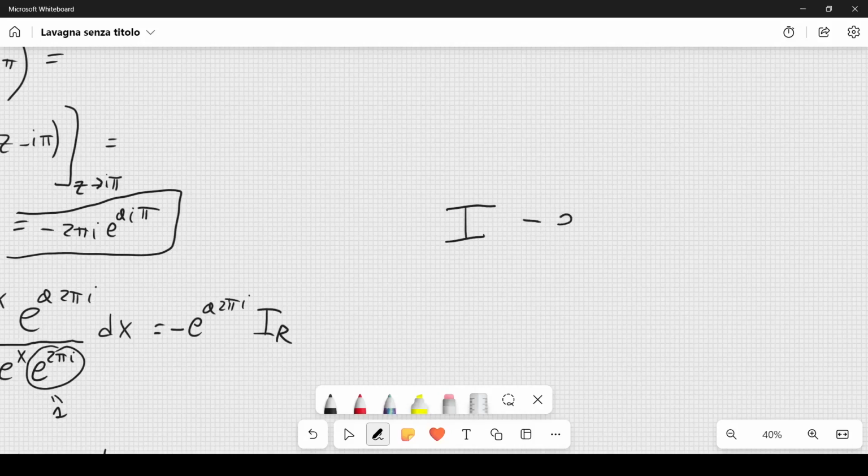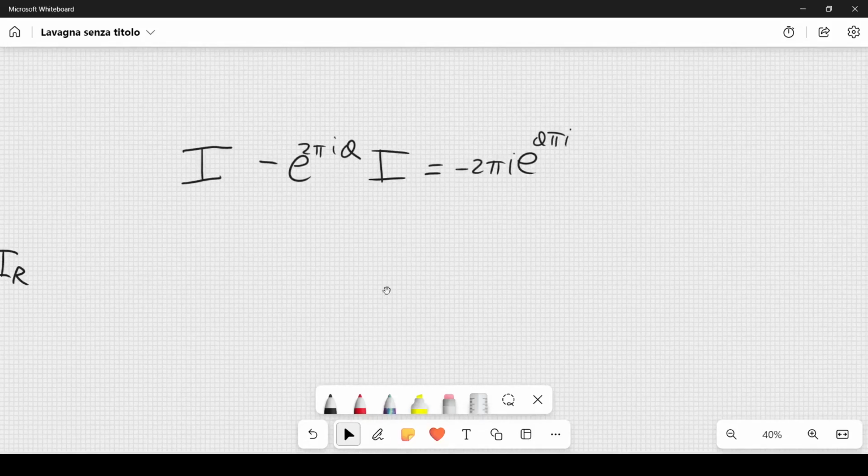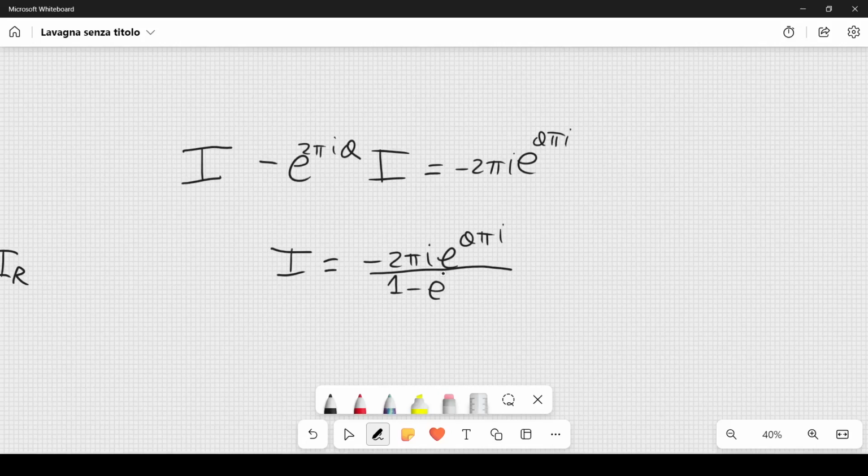And then you have minus e to the 2 pi i a, and then this multiplies I, which is equal to minus 2 pi i e to the a pi i. So you can solve for I, and you get I equal to minus 2 pi i e to the a pi i divided by 1 minus e to the 2 pi i a.